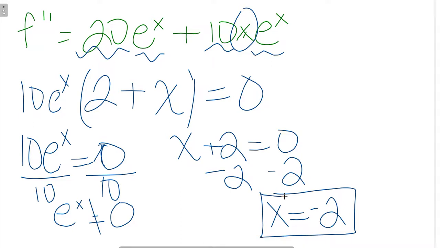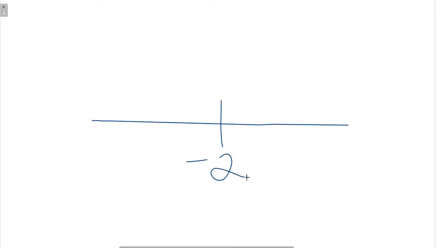All right, moving on. So what do we do with our inflection point? We make this makeshift little number line, and we care about the sign of the second derivative before negative 2 and after negative 2. I'm going to use two different colors so you can see what I'm doing. What I'm going to put into these points, I don't really know.